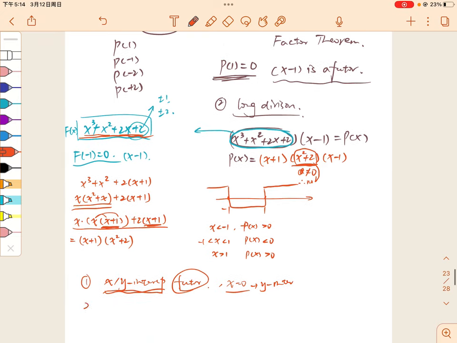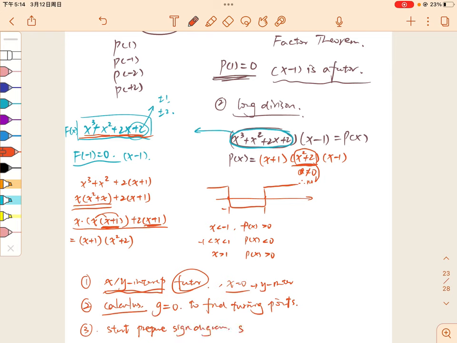And then using calculus, the gradient equal to 0 to find out the turning points. And once you find them, you can start to prepare the sign diagram and then start to draw.